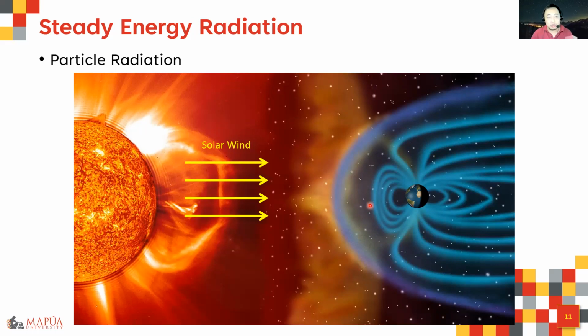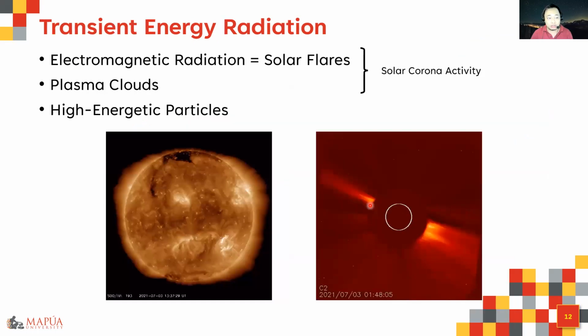Now, these two energy radiations can be of transient nature, and we call them transient energy radiation. That includes solar flares, which is transient energy radiation involving electromagnetic radiation, and there are also plasma clouds and high energetic particles.